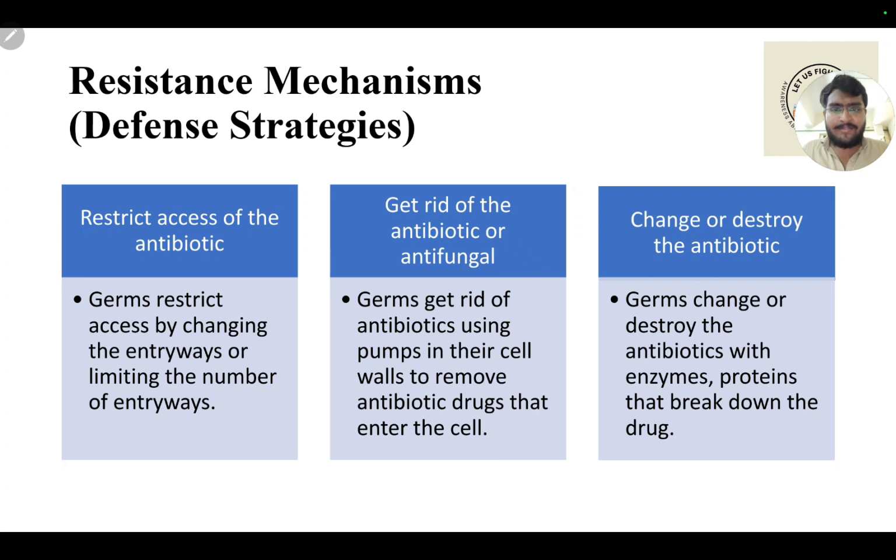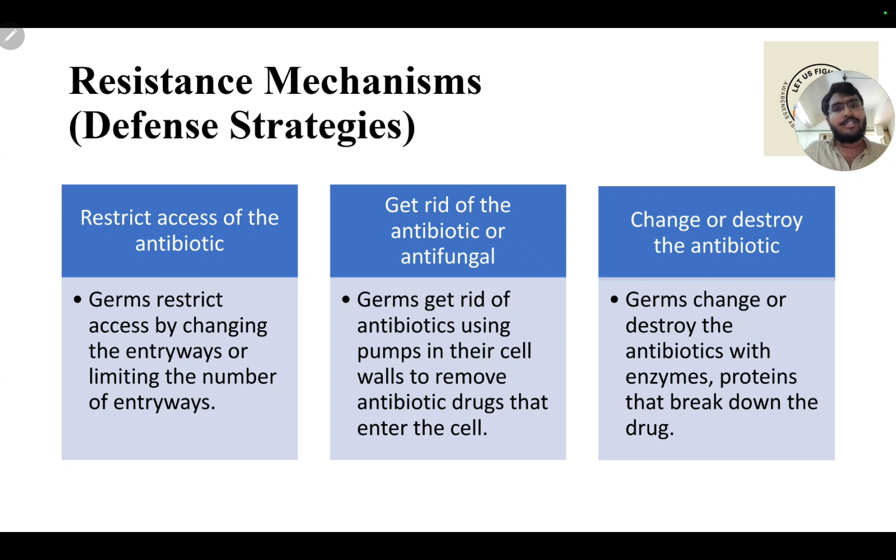So in this video, we have discussed three strategies using which the microorganisms exhibit drug resistance. The first strategy was to not allow the drug to enter inside. The second strategy was, even if the drug enters inside, get rid of it by pumping it out again.